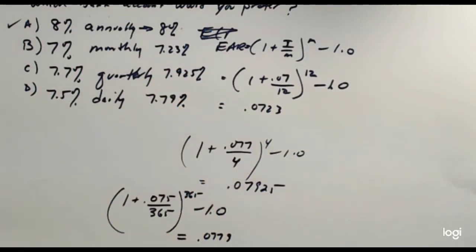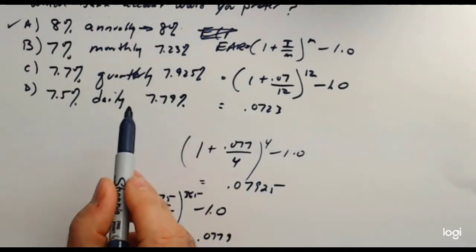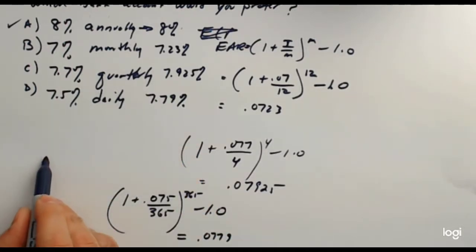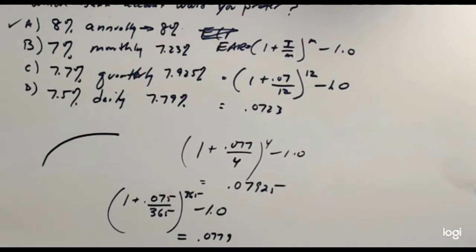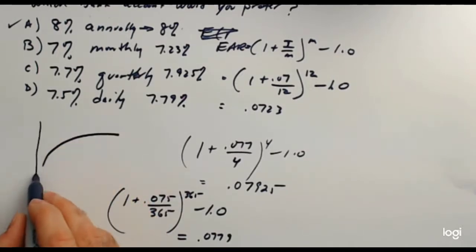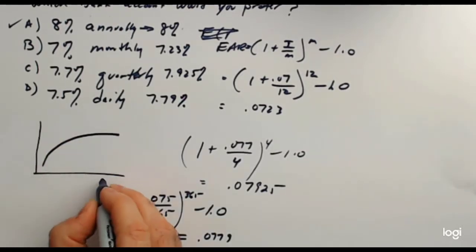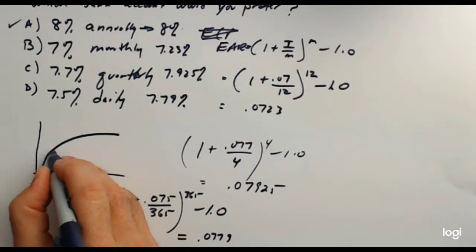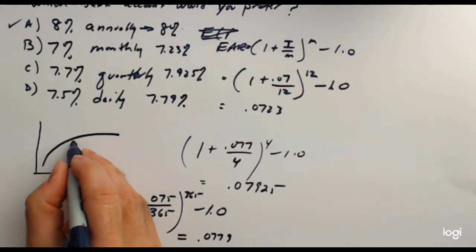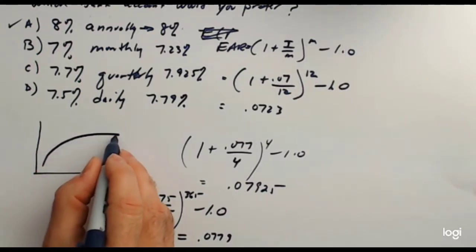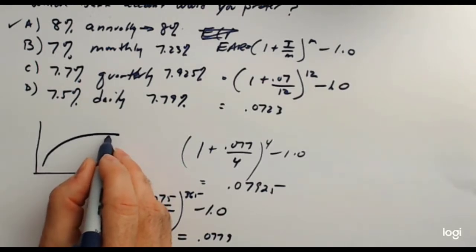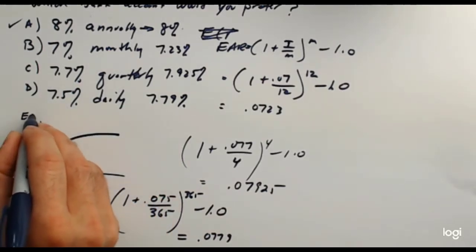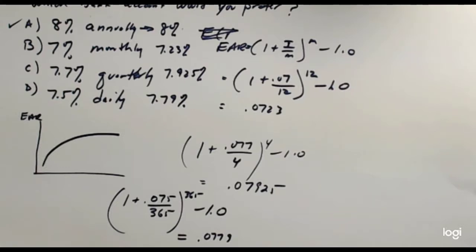You'll still get a bigger rate, but it slows down. You get most of the effect from semi-annual, quarterly, and monthly. If you go daily, you're not going to get much more in terms of an effective annual rate from that compounding.